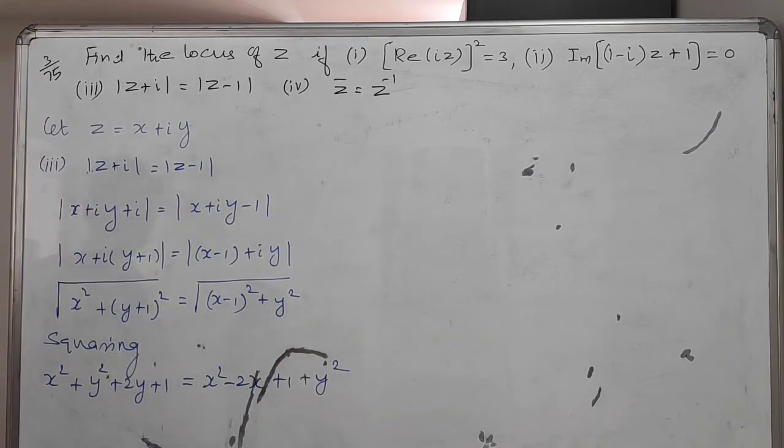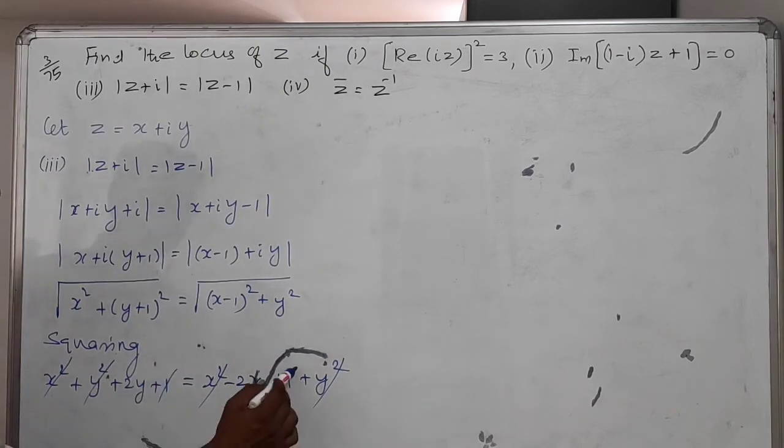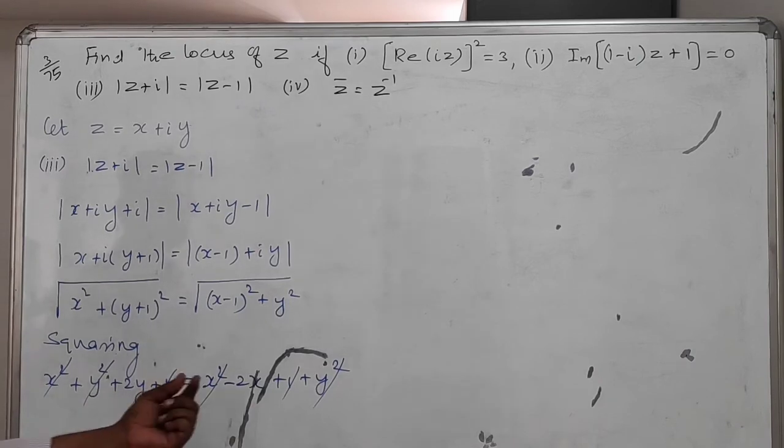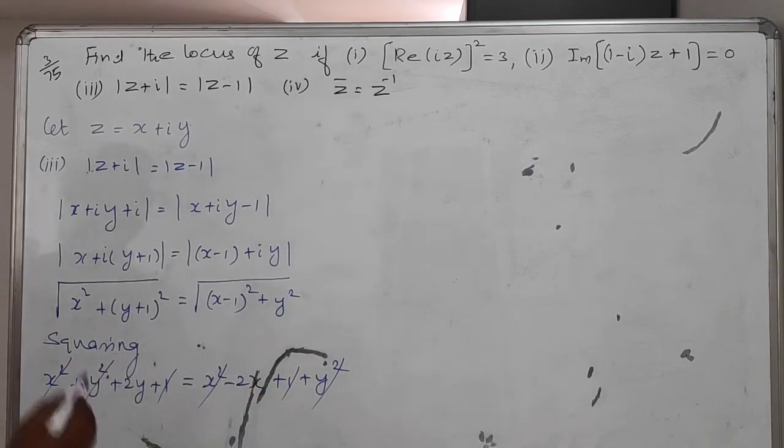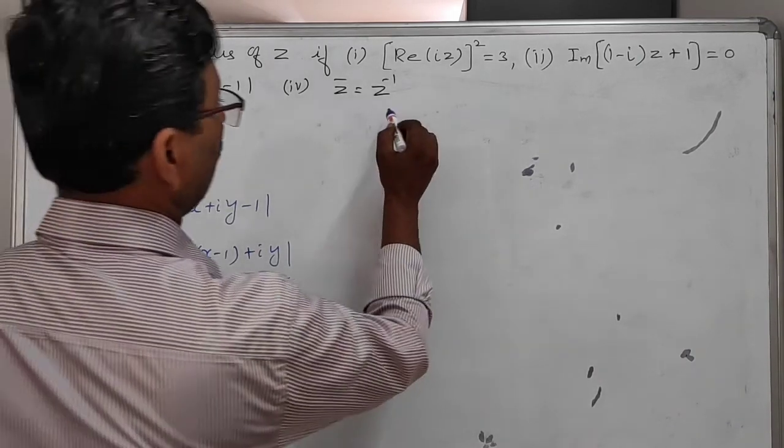Now we'll try to cancel something on both sides. x square is cancelled, y square is cancelled. Similarly, plus 1 and plus 1 are also cancelled. Taking the minus 2x to the left-hand side, you will get 2x plus 2y equal to 0.